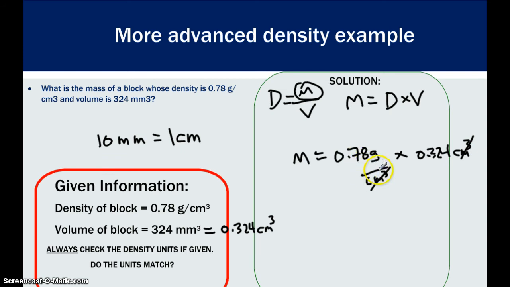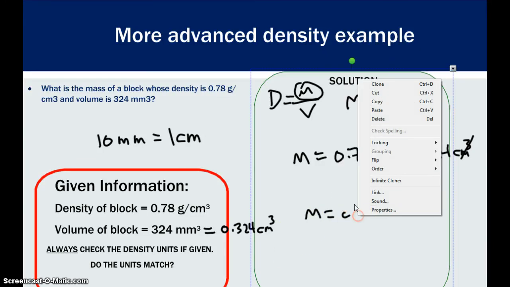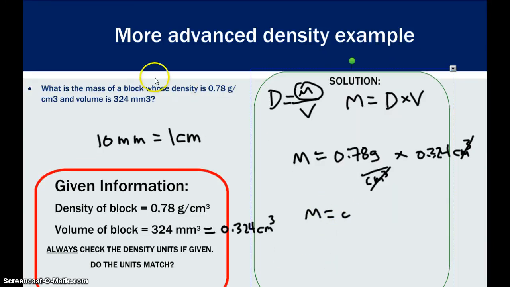You multiply those two values together, 0.78 times 0.324, and the mass I get is 0.253 grams, rounding. And there's another example for you.